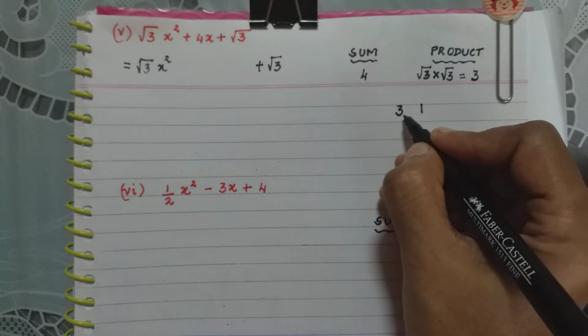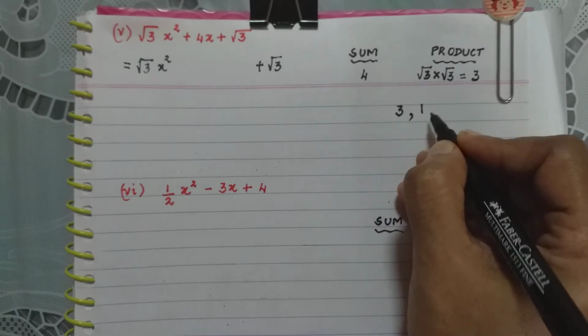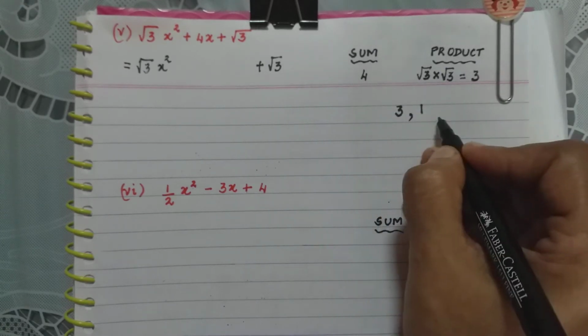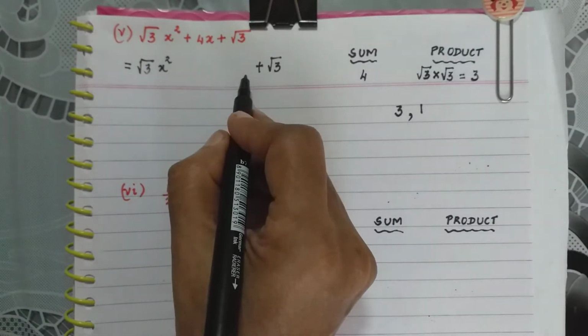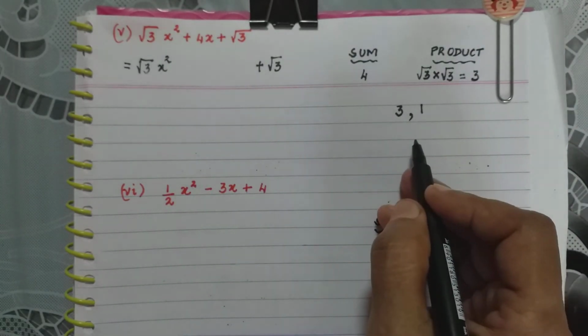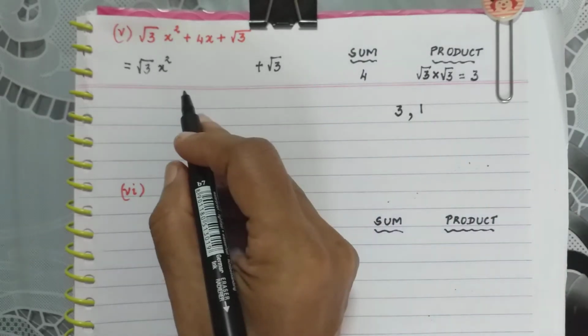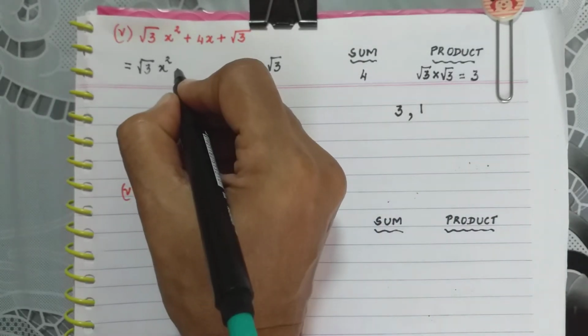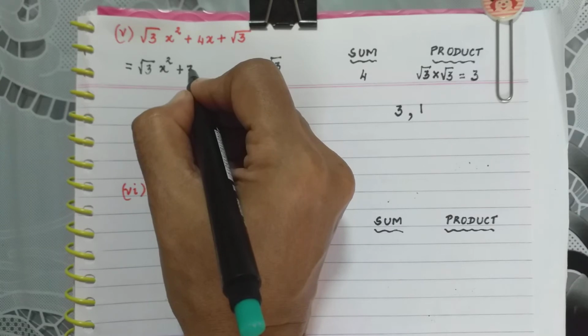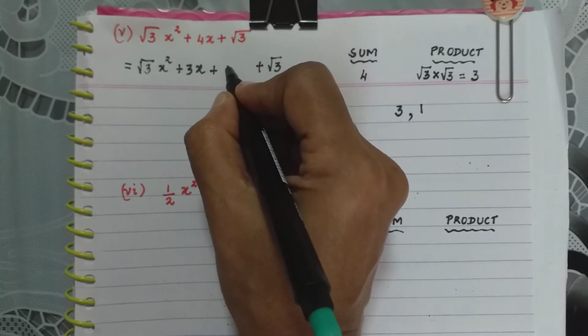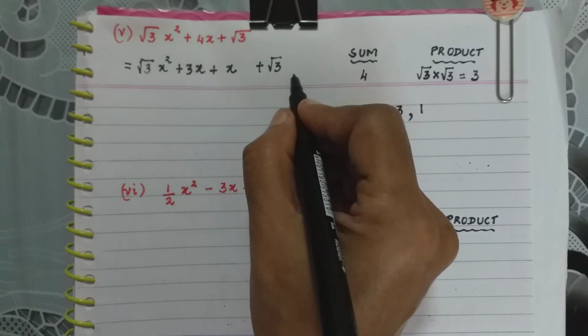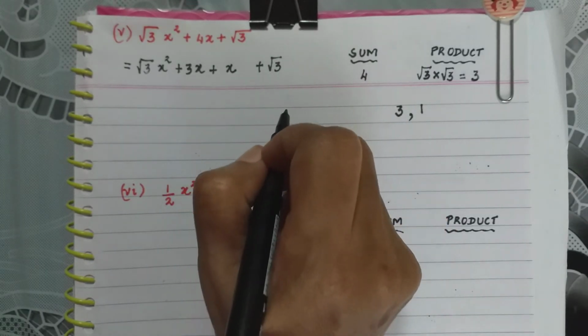So if I have plus 3 and plus 1, that will be plus 4. 3 into 1 is 3. So when I am filling in the factors, I can write 3x and 1x or just 3x and x. So I'll write here plus 3x plus, we can write 1x or just x, plus √3 is already there.